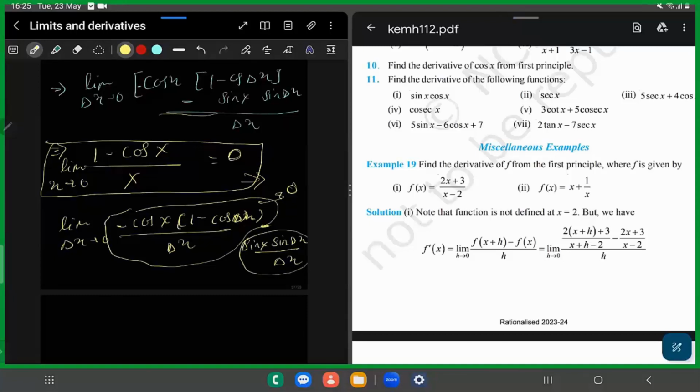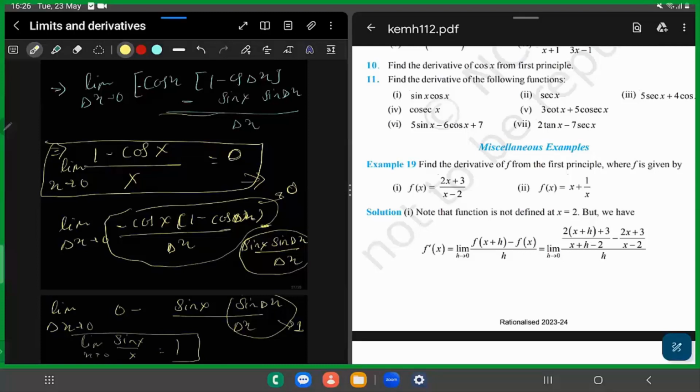So this is equal to limit delta x tending to 0 of 0 minus sin x into sin of delta x by delta x. Again, you know that this value is tending to 1 because the limit of x tending to 0 of sin x by x is equal to 1.